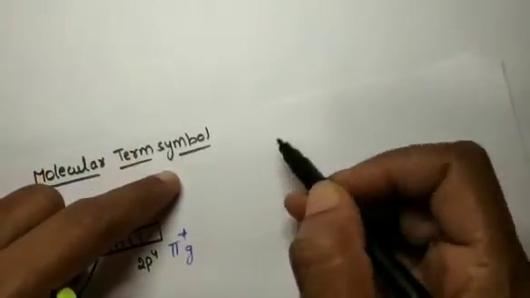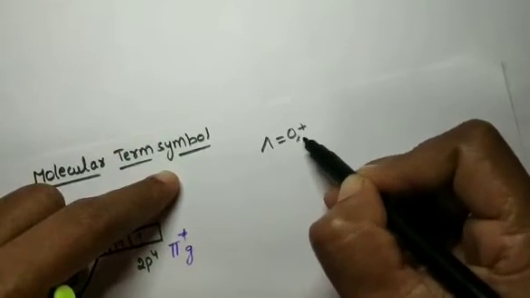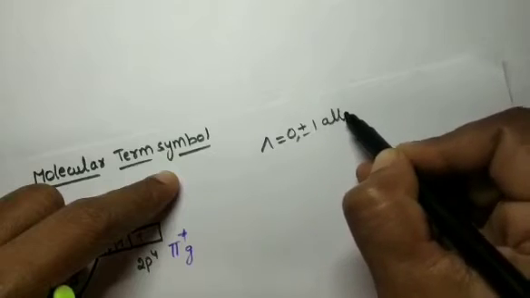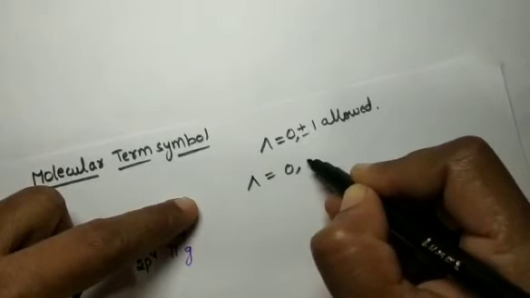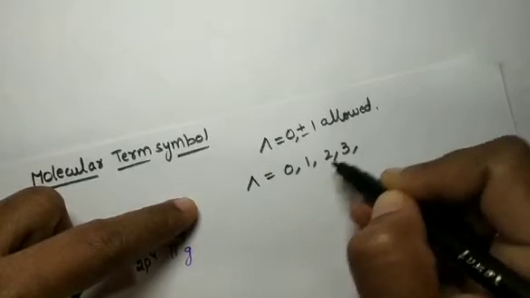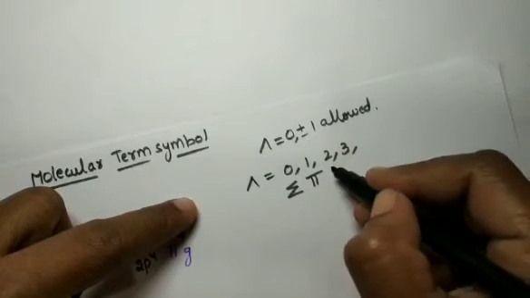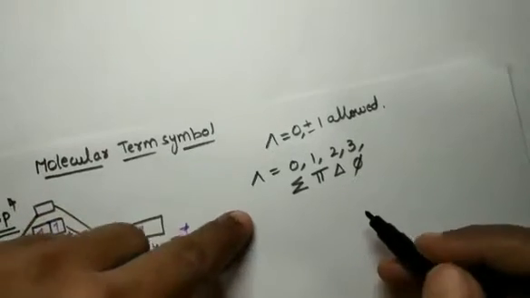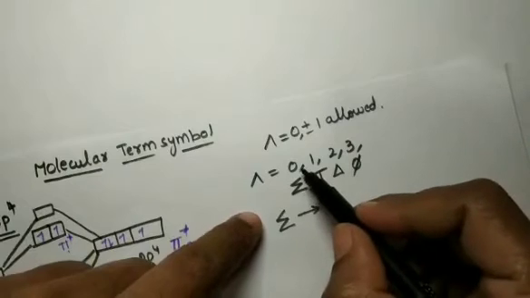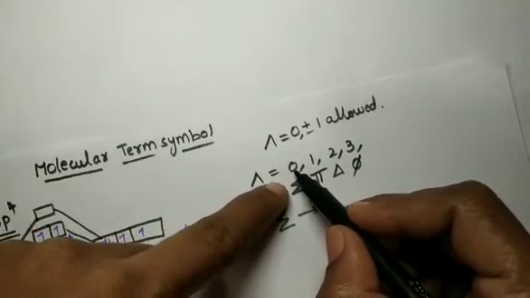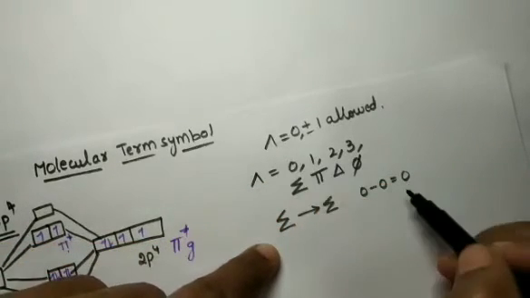And another example. I told you delta lambda equal to 0 and plus or minus 1 will be allowed. That means lambda values are 0, 1, 2, 3, so here are sigma, pi, delta and phi. If we have sigma to sigma transitions, then the delta lambda value will be 0 minus 0, equal to 0.